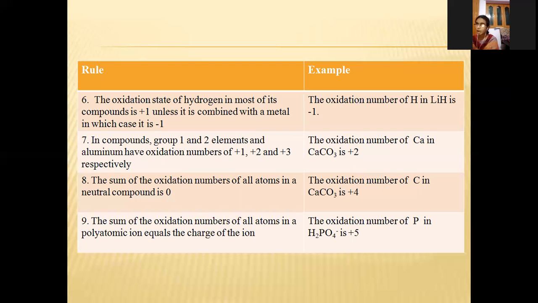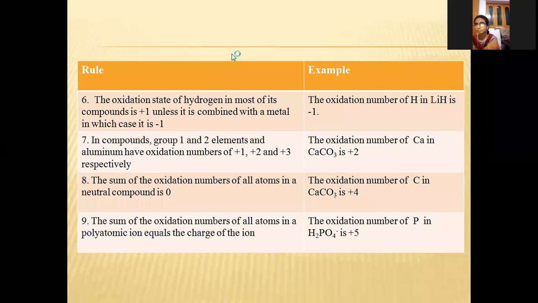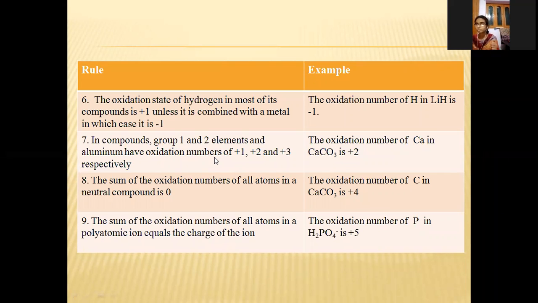In compounds, group 1 and 2 elements and aluminium have the oxidation numbers of plus 1, plus 2 and plus 3 respectively. So the oxidation number of calcium in calcium carbonate is plus 2. The sum of the oxidation numbers of all the atoms in a neutral compound is 0.